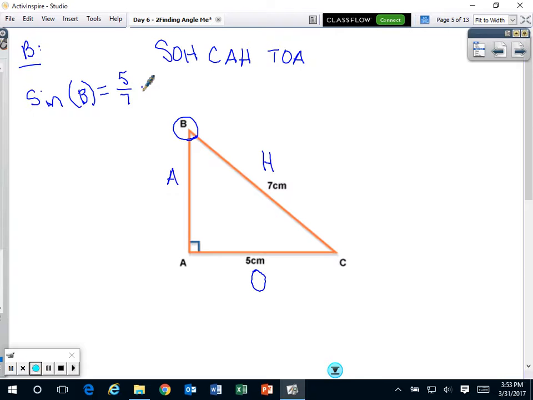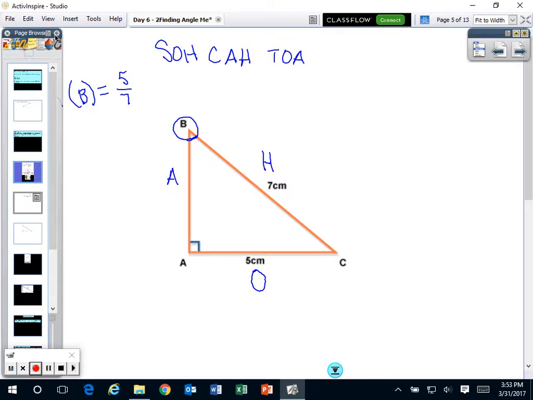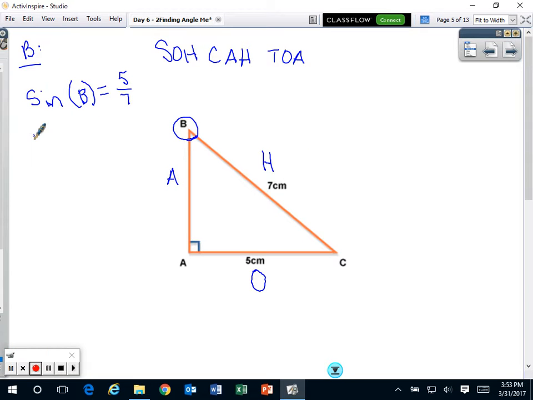I need to get that B by itself. So to get B by itself, I need to do the opposite of sine. So I'm going to do sine inverse of both sides, and then sine inverse to the other side. Since I'm kind of low on space there, I'm going to continue it down here.